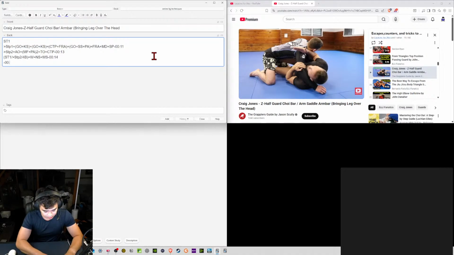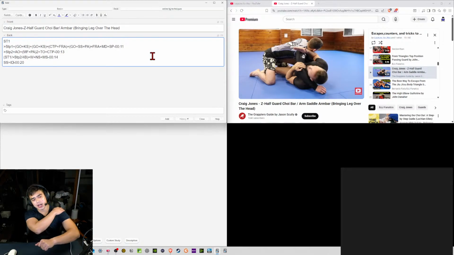So at 20 right here, sweet spot equals ideal. The sweet spot is up as high as right here on the shoulder.